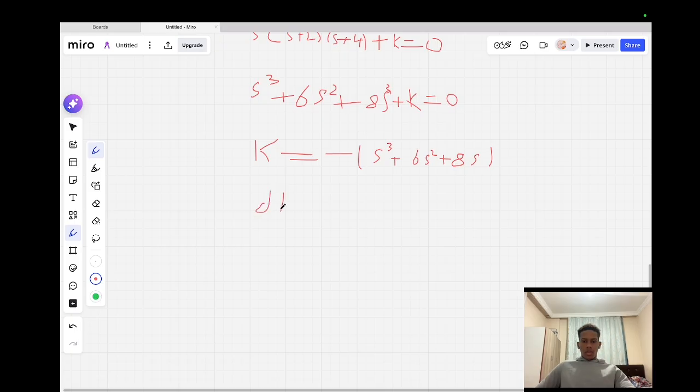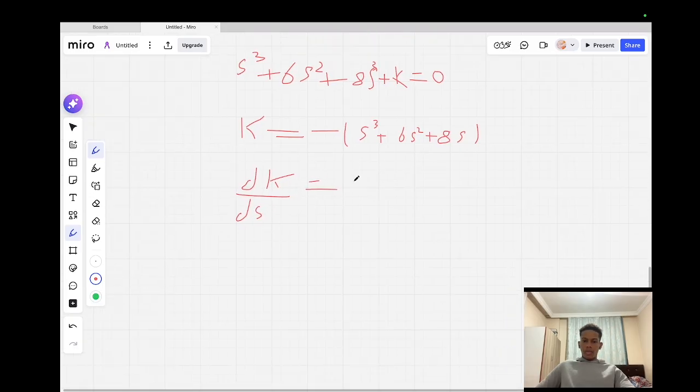And now dk over ds equals minus (3s squared plus 12s plus 8) equal to 0.